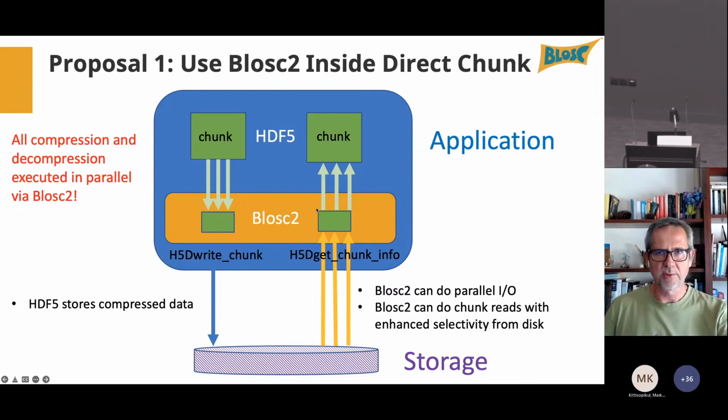We propose to use Blosc2 inside the direct chunk machinery of HDF5. Here we have an application, and the chunk that we want to compress. The idea is that the application just sends the chunk to Blosc2 to compress, and once it is compressed, H5Dwrite_chunk is in charge of writing the data in storage in HDF5 files.